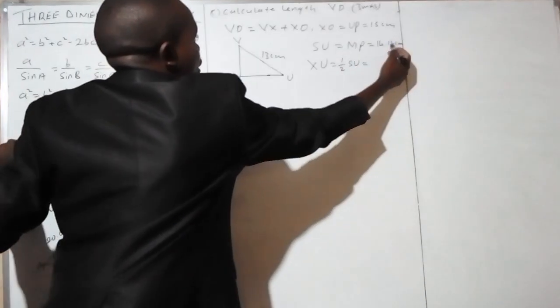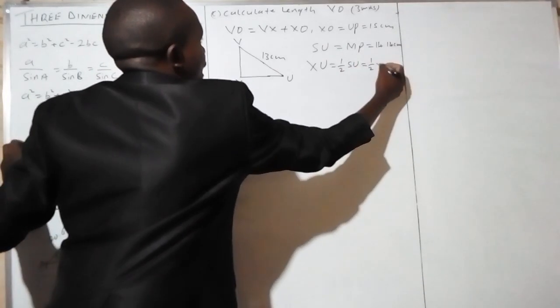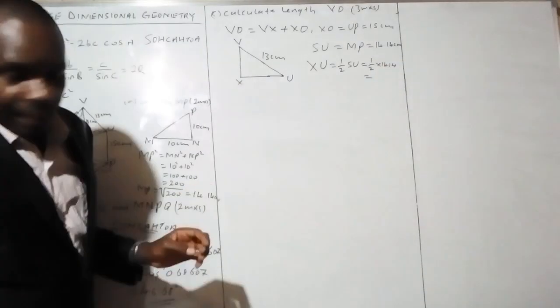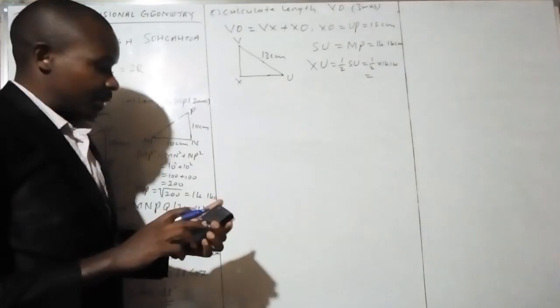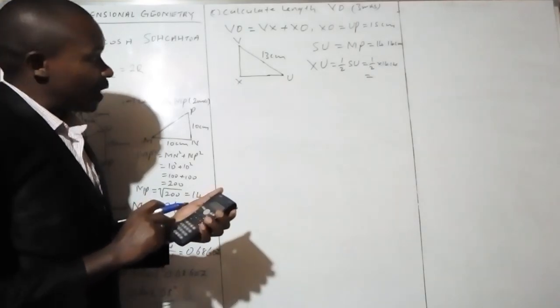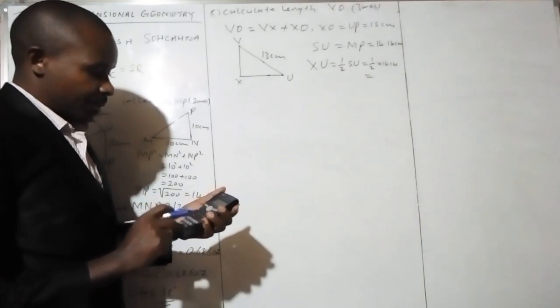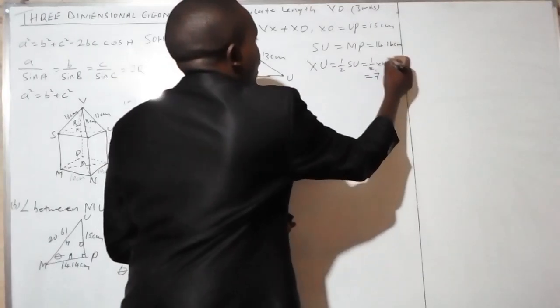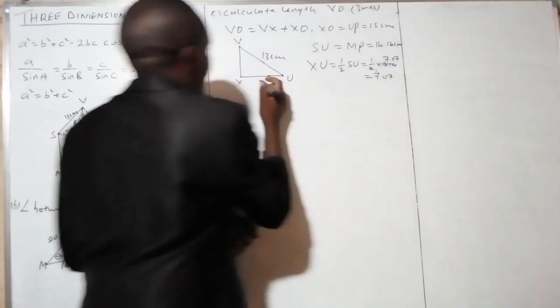A half times 14.14, let's confirm, divided by 2, is 7.07. So here we are going to have 7.07.